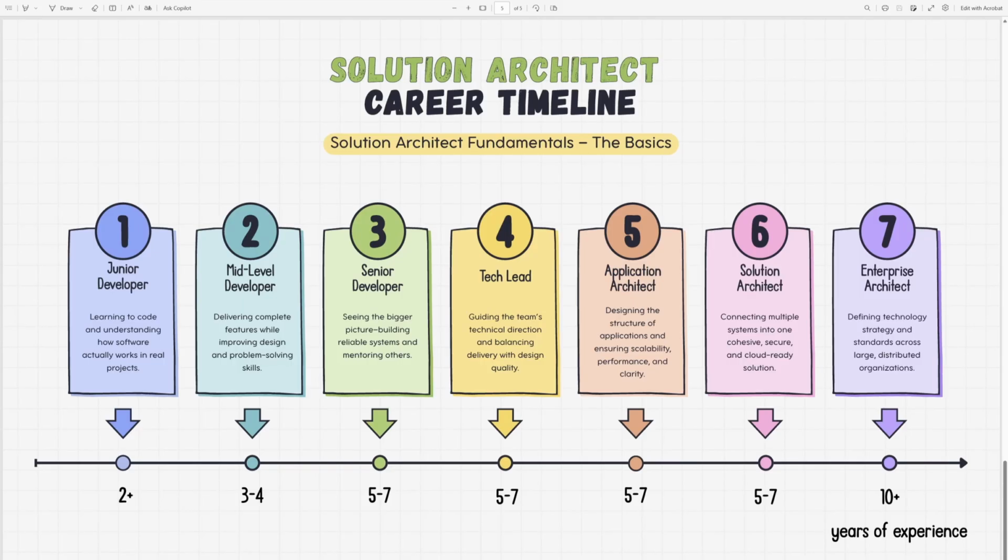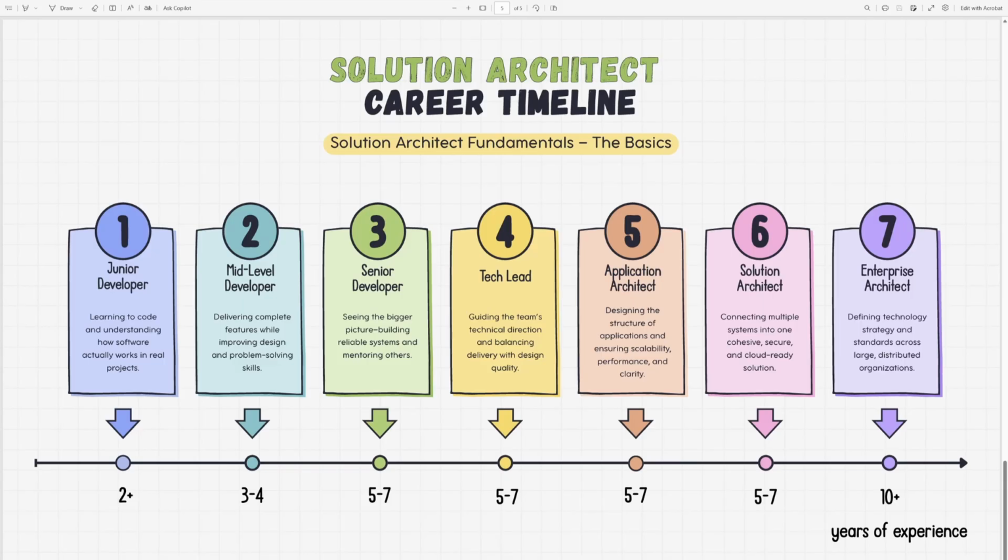So, you start as a junior developer, learning to code and understand how software works. Then, you grow into mid-level developer after 3 or 4 years, improving your problem-solving skills and delivering features. Next, after 5-7 years, you are a senior developer, you start seeing the big picture, building reliable systems and mentoring others.